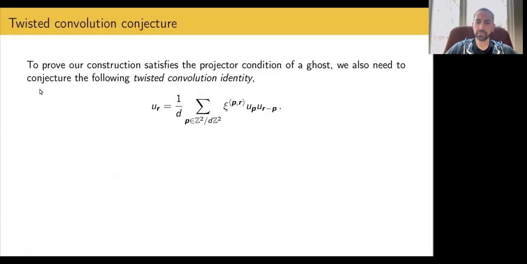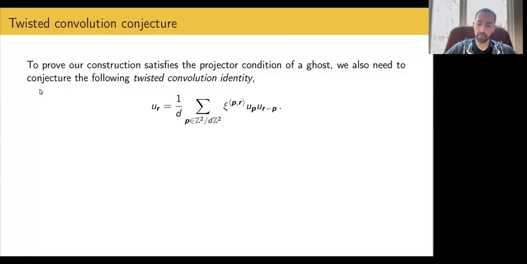So we would like to verify that this thing is a ghost, and therefore, assuming Stark conjectures, it will actually be a SIC. We can't quite do that. We can verify that it's equiangular, sort of pairwise equiangular, but we can't actually verify that upsilon squared equals upsilon, that is, that it's a projector. So we have to assume it as a conjecture, basically.